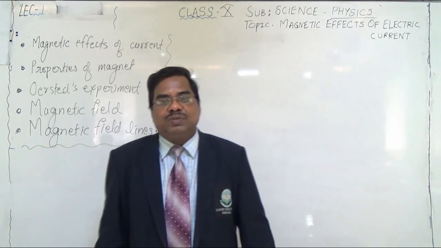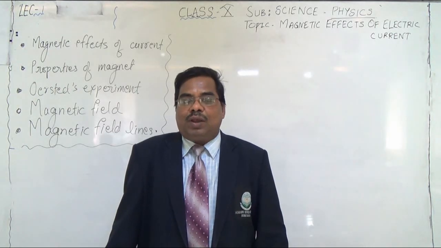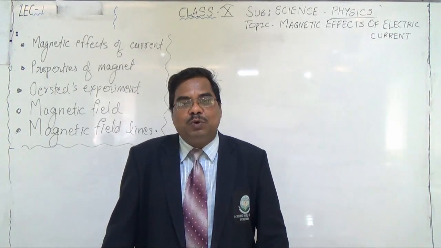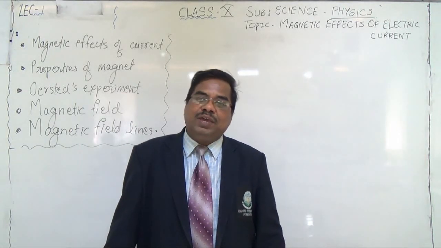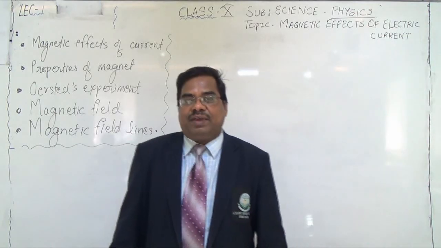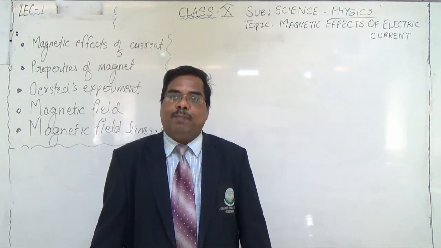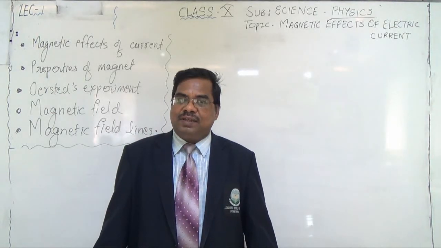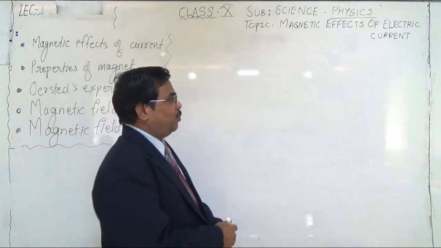Let's say you say you look like a hero. That means you know what are the qualities of a hero. Similarly, if you say the current is having some effects like a magnet, that means you know what the properties of a magnet are. Let's see the magnet properties.